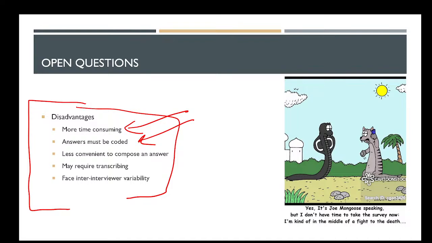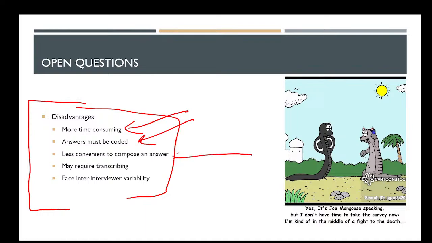Doing a survey or questionnaire with a lot of open questions is going to take a lot more time to complete, because they could go on for like 10, 15 minutes per question. You never really know what they're going to say or how much information you're going to get. So it does mess with your time scaling and figuring out how long things are going to take if you have a lot of open questions.